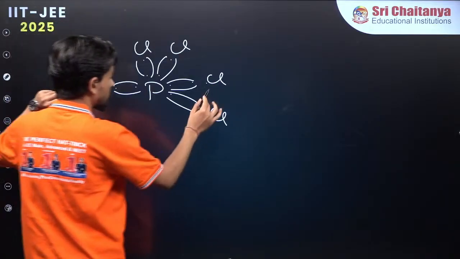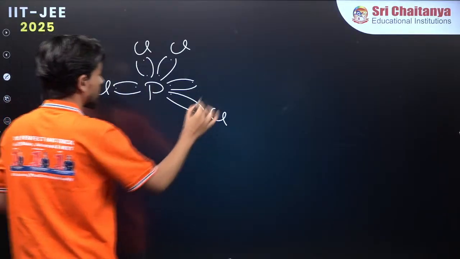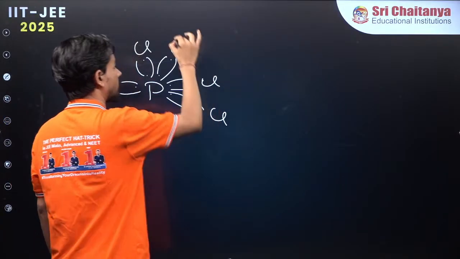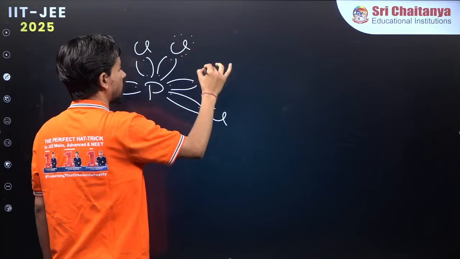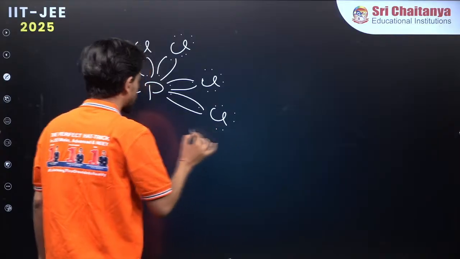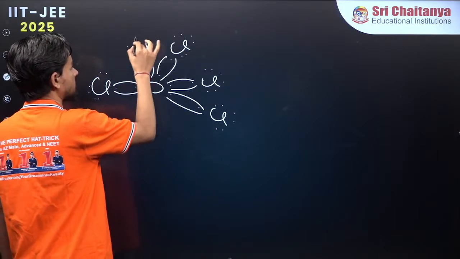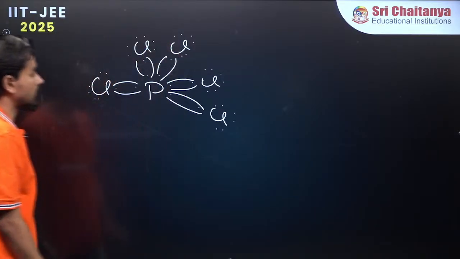One more thing: you know chlorine has a total of 7 electrons, and only 1 is shared, so 6 are unshared, like this.